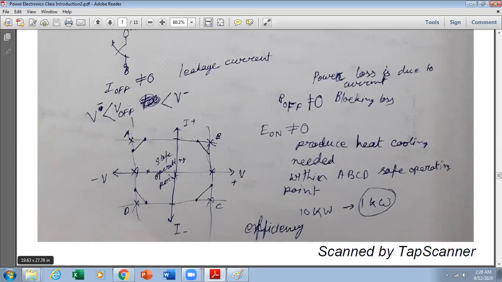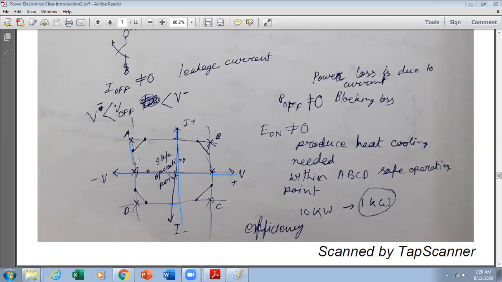Okay, so if I consider this as my axis of current, and this as my axis of voltage, so what we have studied, current has some value plus I and minus I. So for the practical switch, our current has some value plus I to minus I, and our voltage has some value minus V to plus V. Clear?